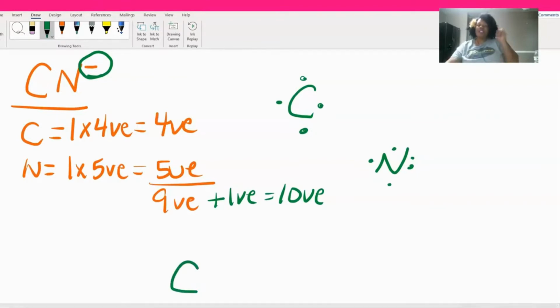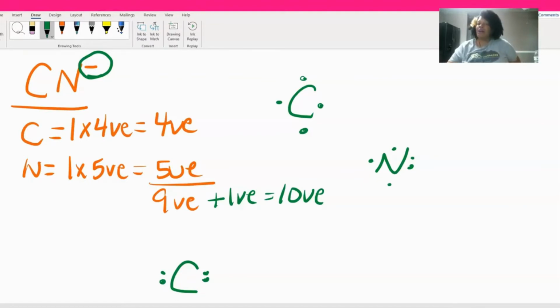Here's carbon. Now, check this out. Because you only have 2 elements, carbon and nitrogen, you can go ahead and pair them together, your 2 here and your 2 there. You're not going to have another element at the very top of carbon, and you're not going to have another element at the bottom of carbon. So you might as well pair them together. What do I mean by that?